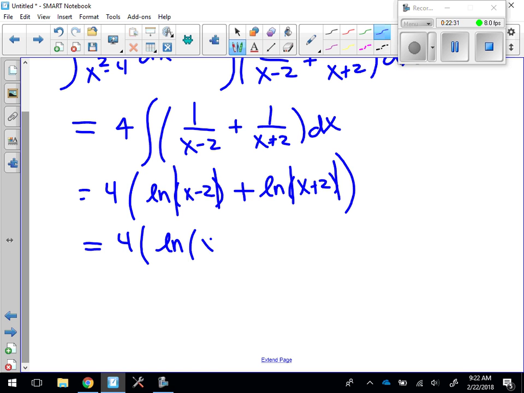Yeah, it's like multiplying what's inside. Yep, so that gives me the natural log of x squared minus 4.